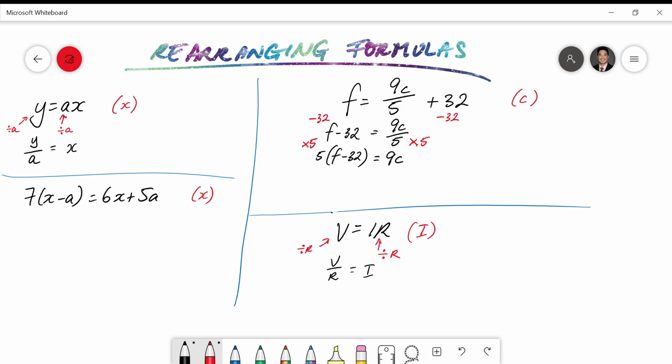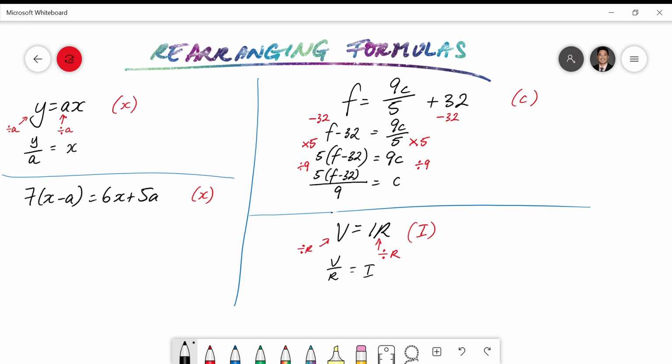It's multiplied to the c, so we divide both sides by 9. Remember, the same thing applies here as with multiplying by 5. Everything on the left is divided by 9, so I'm putting all of that over 9.